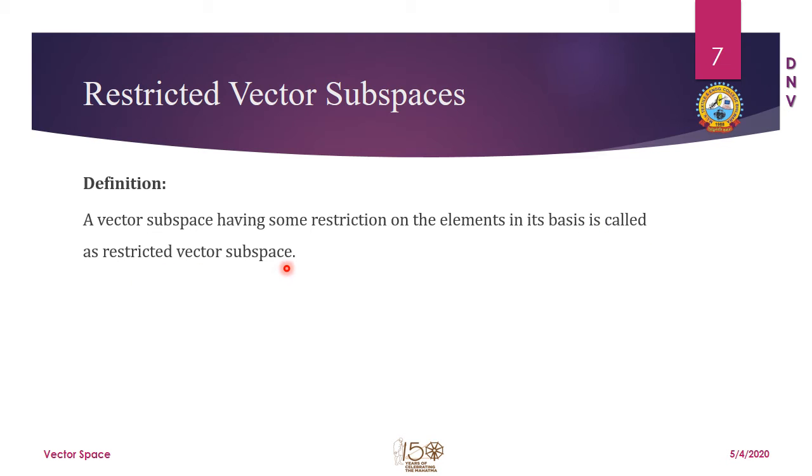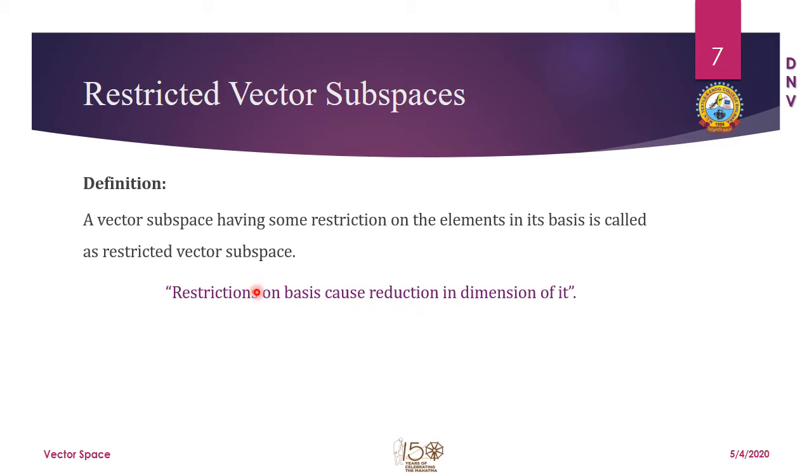Say for example, R2 is a vector space, and we define the basis such that the elements in that basis must satisfy a condition that the first component is greater than or equal to 0. Then only we can say that there is a restriction, and hence the vector space is a restricted vector space. So restrictions on the basis cause a reduction in its dimension.